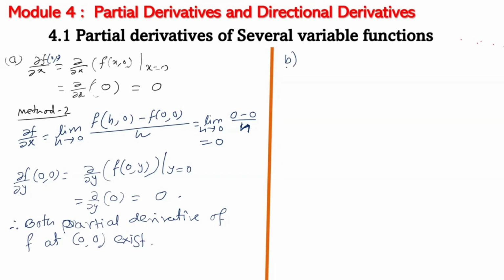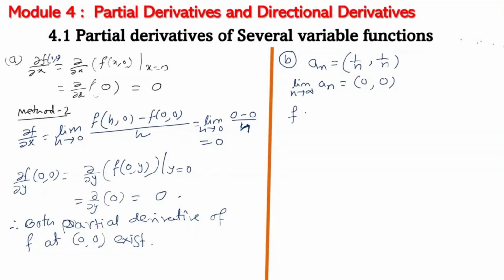Now part B, to show the continuity, let one sequence an be equal to (1 over n, 1 over n). Then limit n tends to infinity an is equal to (0,0).